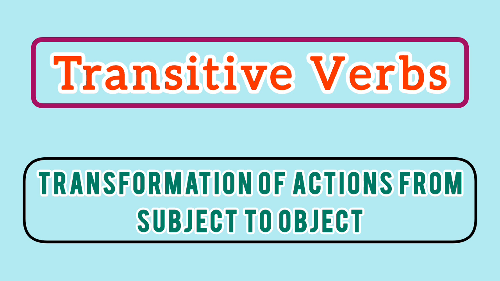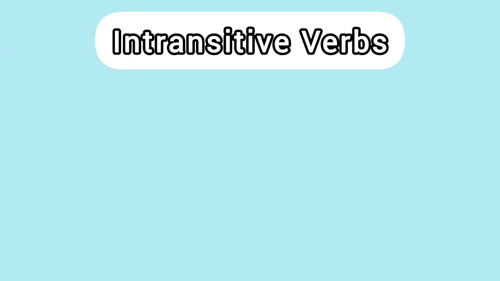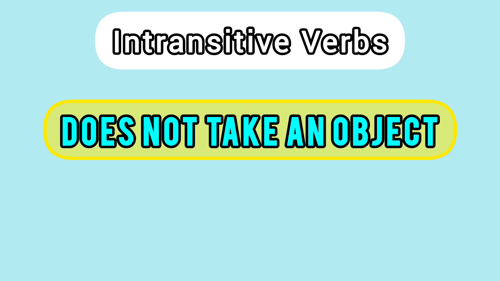Dear friends, now let's move on to the intransitive verbs and understand each and everything about the world of the intransitive verbs. So, an intransitive verb doesn't take an object to make sense in the sentence.